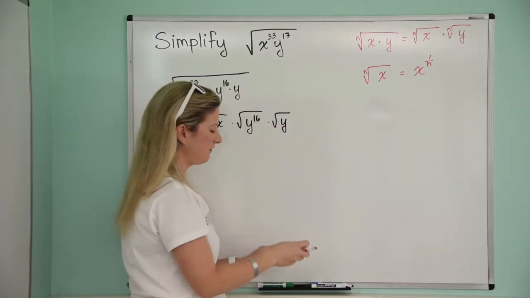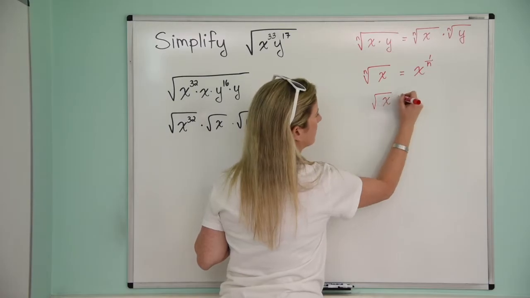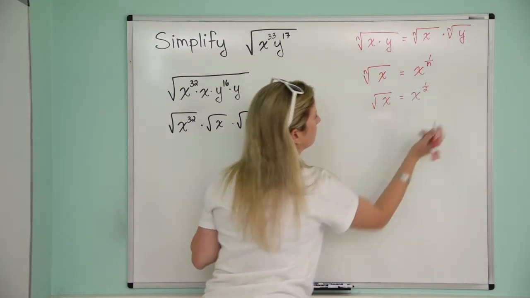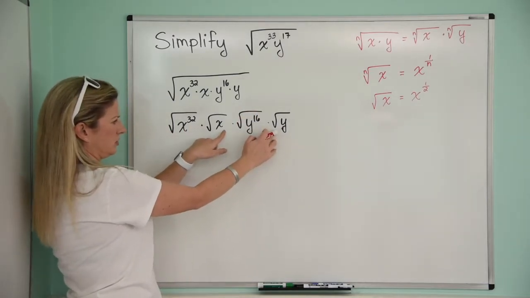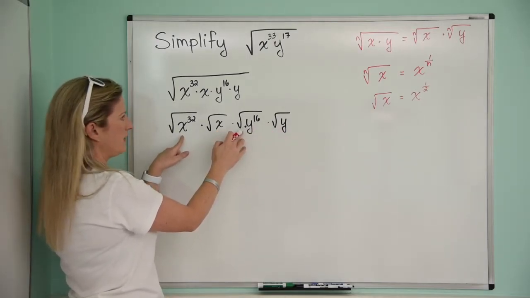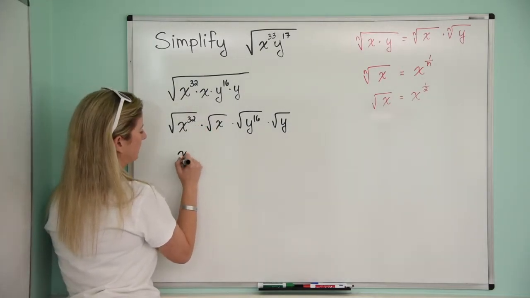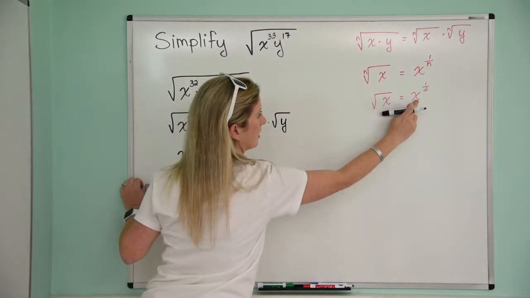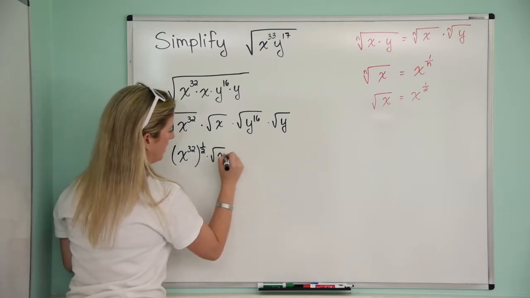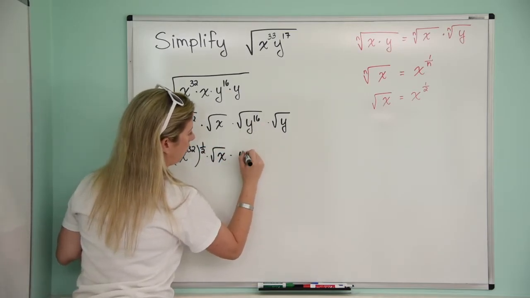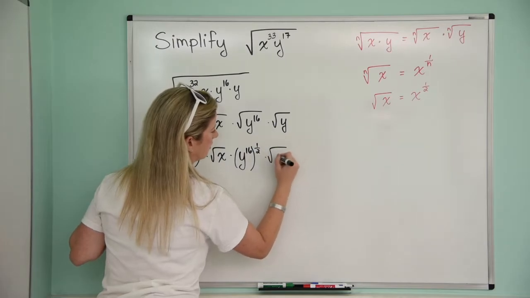In this specific case, because we're dealing with square roots, the square root of x equals x to the 1 over 2. We're going to leave these two alone, and you'll see why, but we'll apply that to these two. So the square root of x to the 32nd is x to the 32nd, to the 1/2, times root x. And then times y to the 16th to the 1/2, and of course times the square root of y.